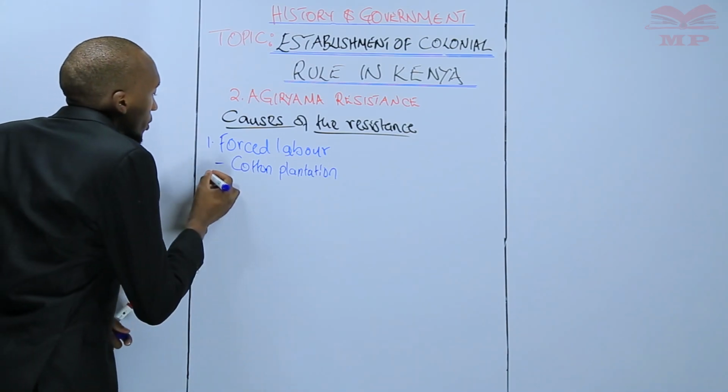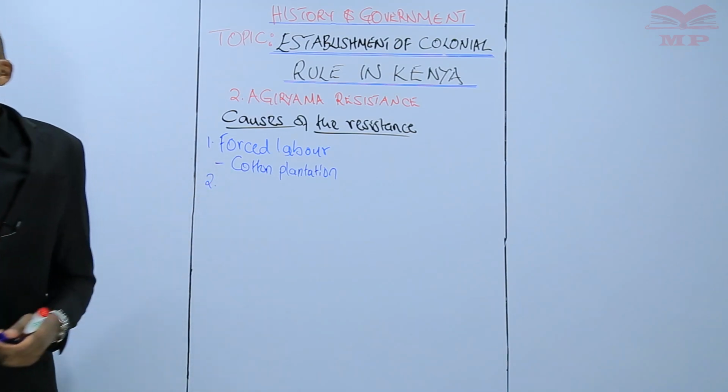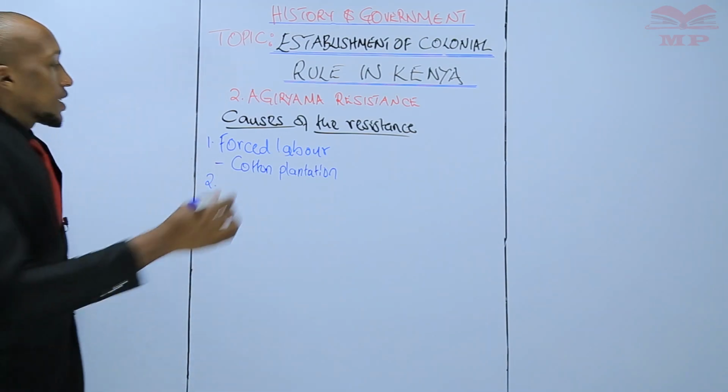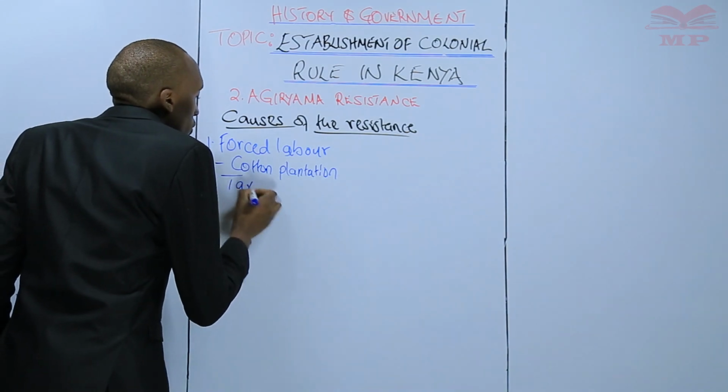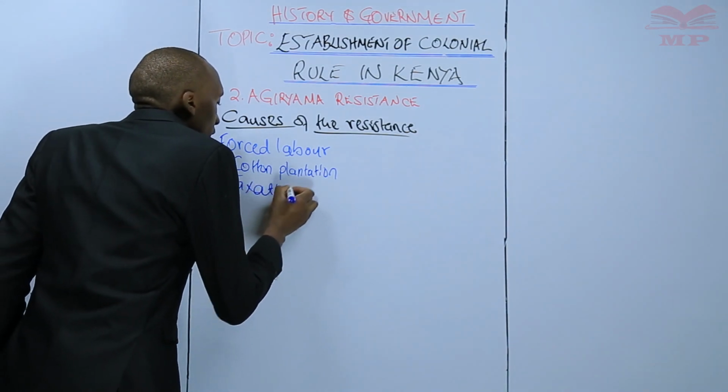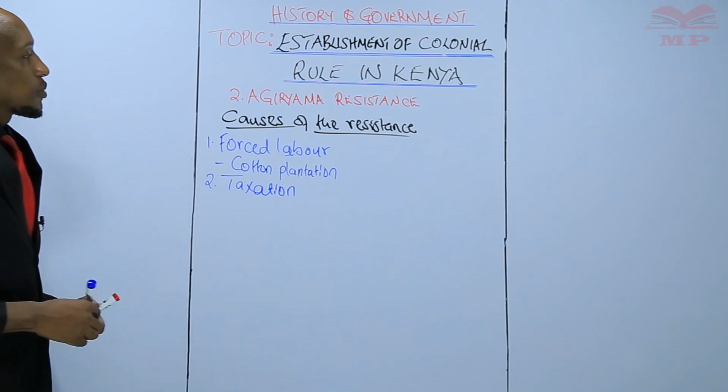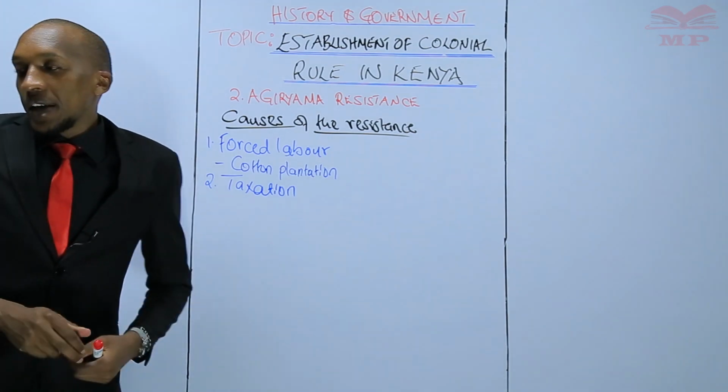Number two, the next reason why they decided to resist was because of the taxation that had been instituted by the British.